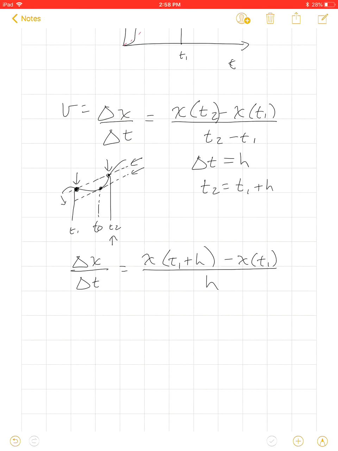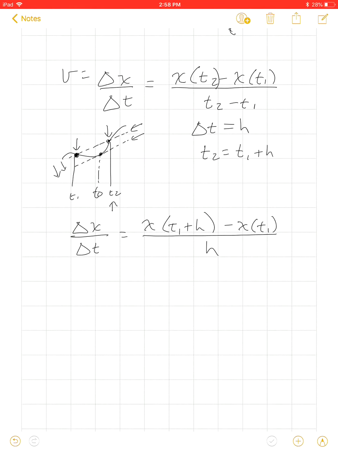And as we move this line down towards the value where it actually becomes a tangent at t naught, what we're doing is we're making h smaller, okay? So make h small.